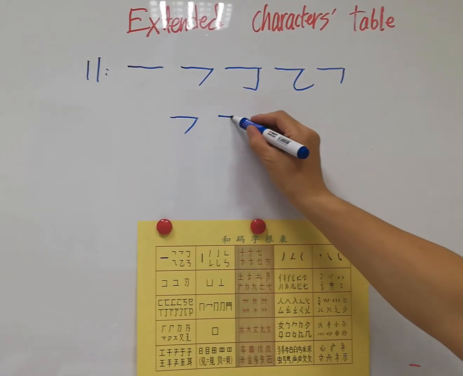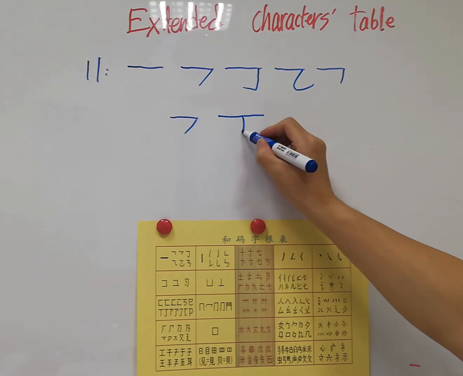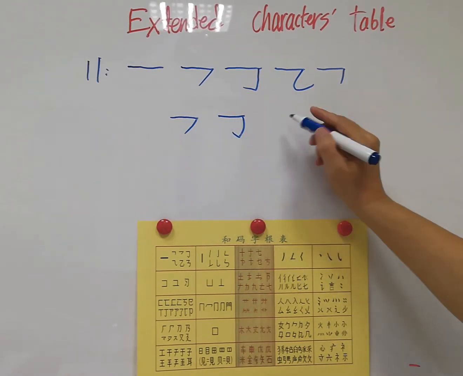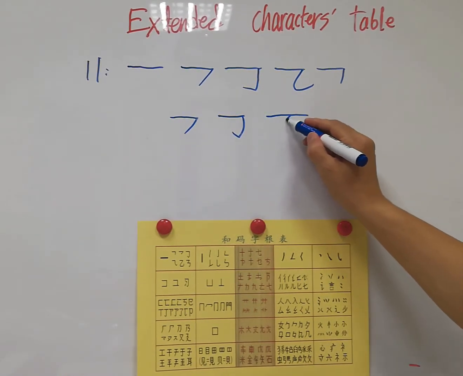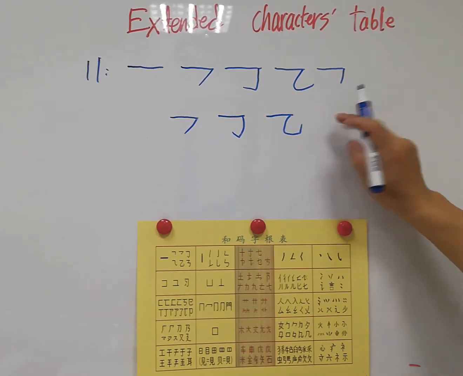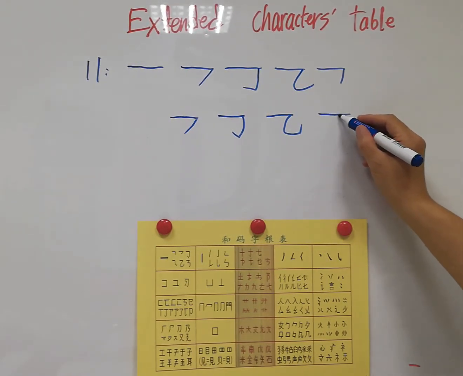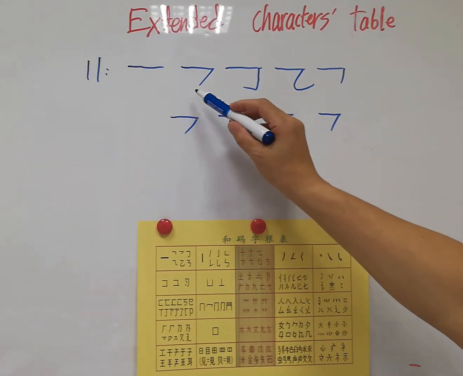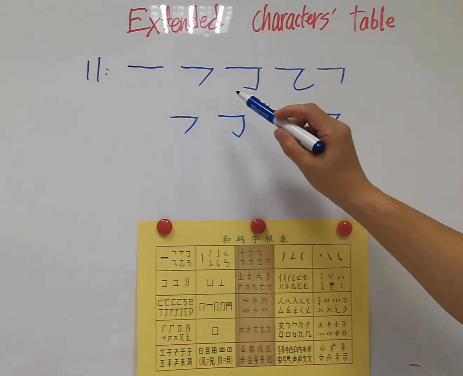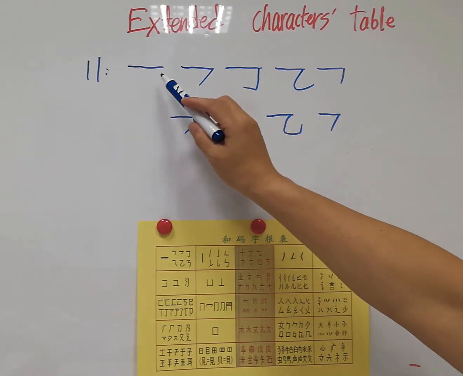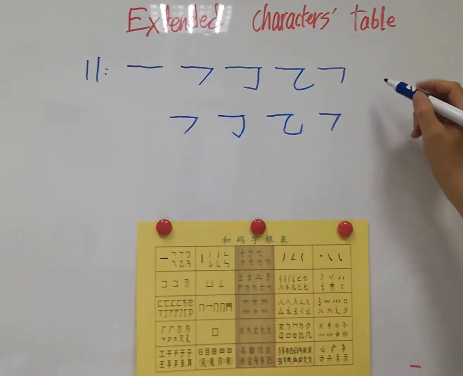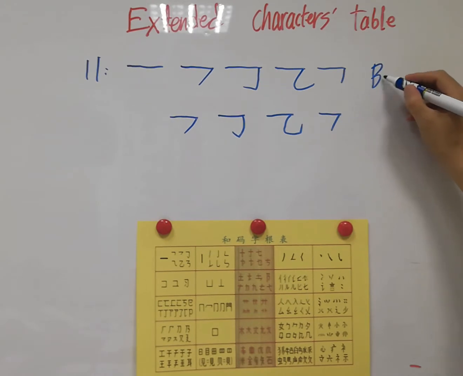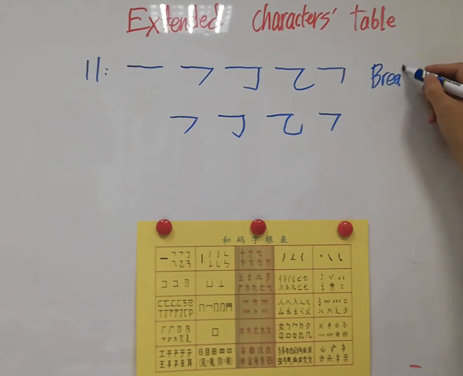Long HeChin, break in the middle. We called these 4 strokes are extended from HeChin by breaking. In Chinese is 折.